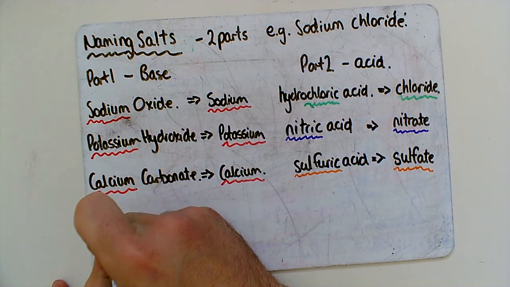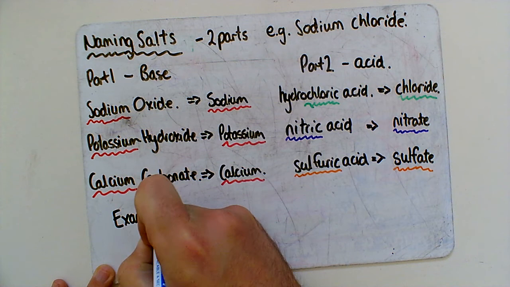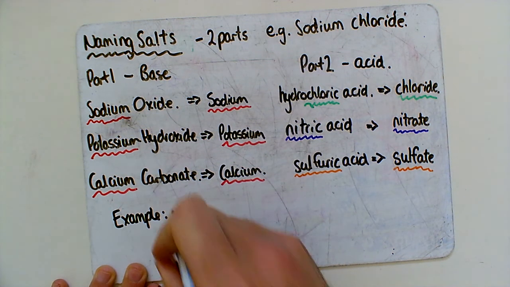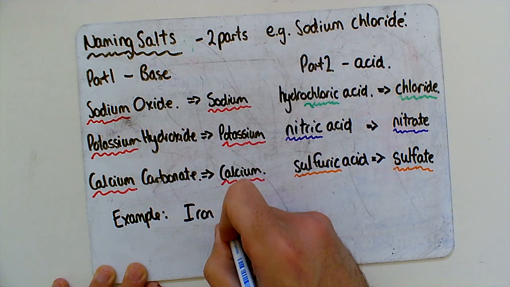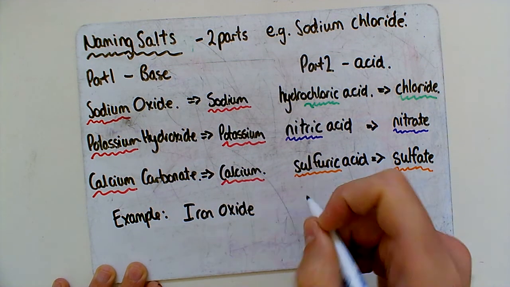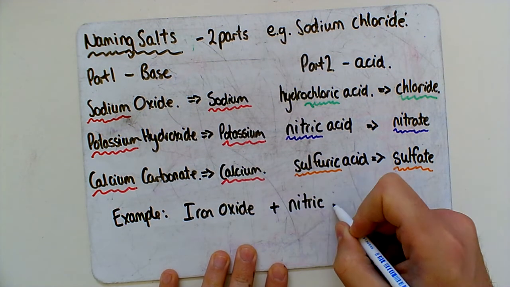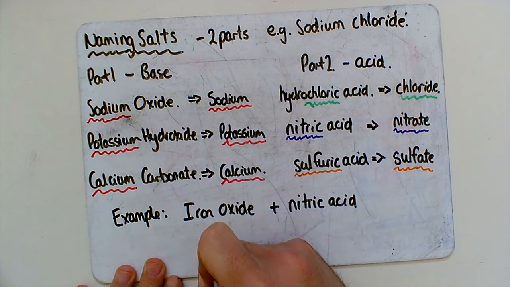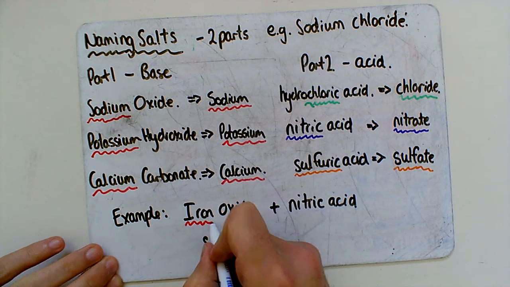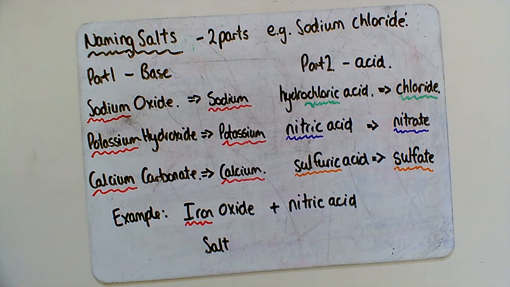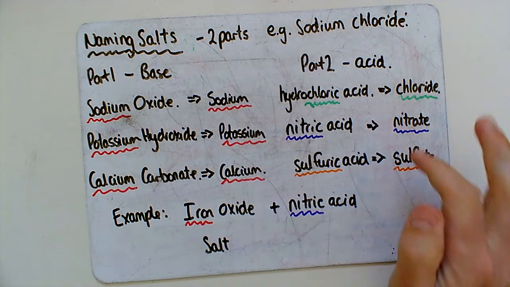So let's just do an example. If we had iron oxide reacting with nitric acid, the salt would take the iron part from the base, and it would take from nitric acid, we know that nitric becomes nitrate.